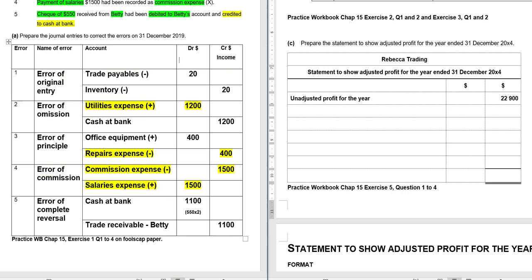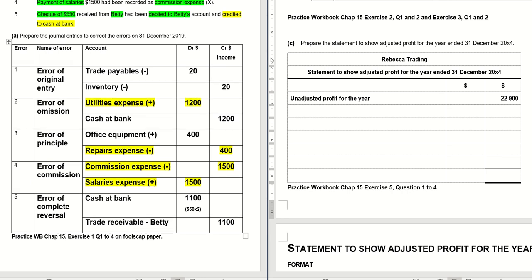Likewise, if an income or an expense account has an amount in the debit column, it reduces the profit for the year. How to remember it? Credit increases because income's normal balance is credit. Debit decreases because expense's normal balance is debit.